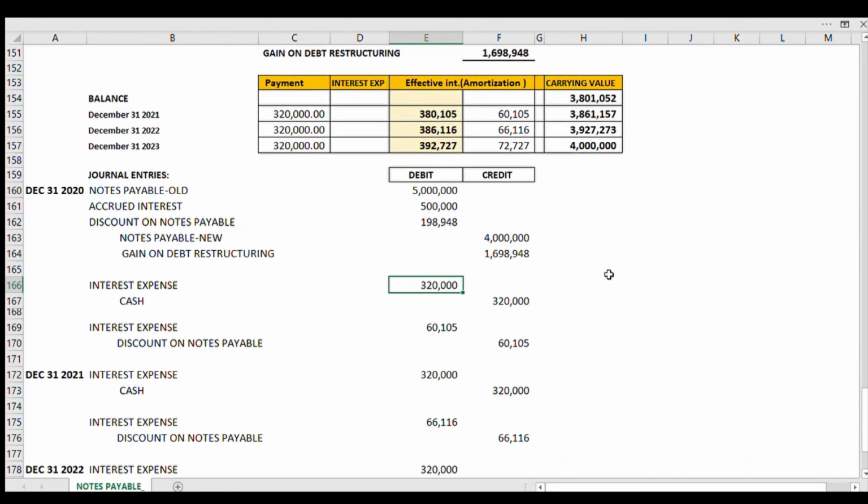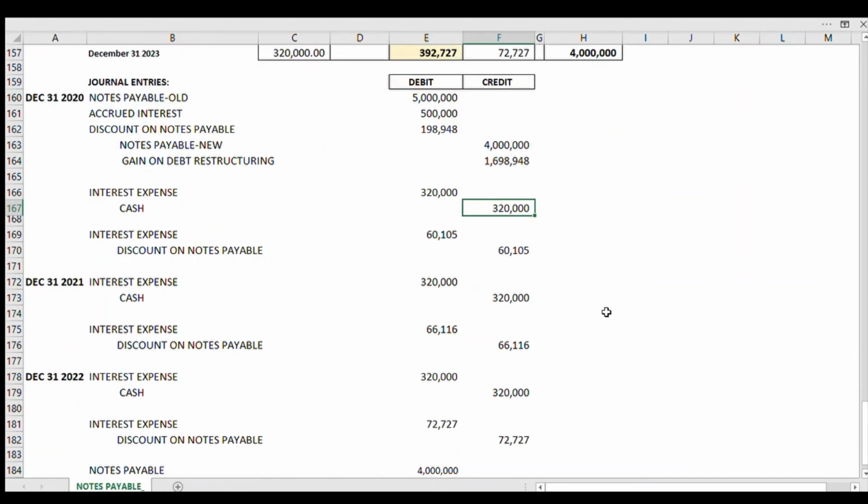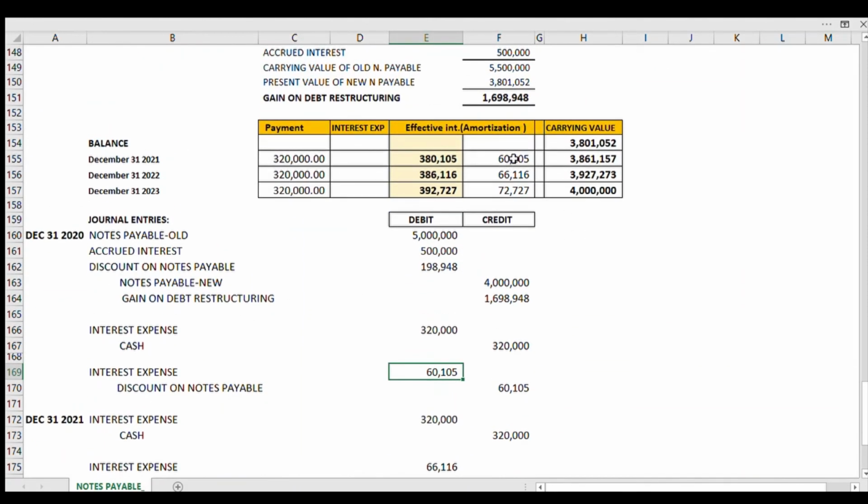So, ang ating recognition ng interest on the adjustment of the notes is 320,000 for the payment, no, doon sa notes. Actual payment of 320,000, credit cash. Amortization, that is 60,105, okay, for the first year.